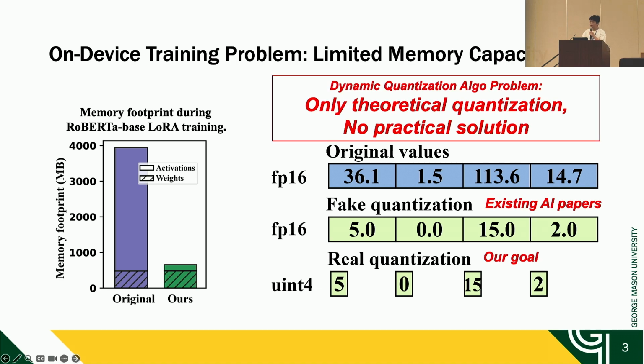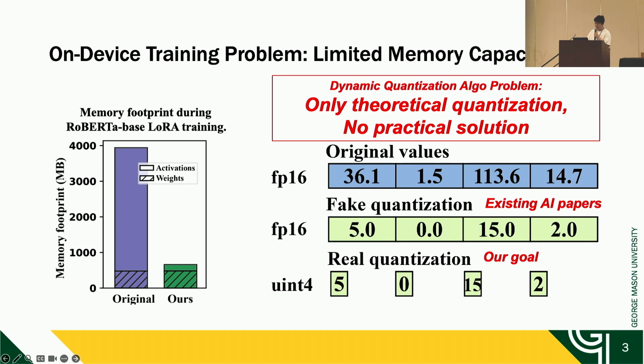However, most dynamic quantization methods focus only on the theoretical feasibility of quantization. Very few of them actually implement and evaluate how such compression would work in a real system. For example, some prior work attempts to represent the float16 tensor in a lower precision format, such as UINT4.